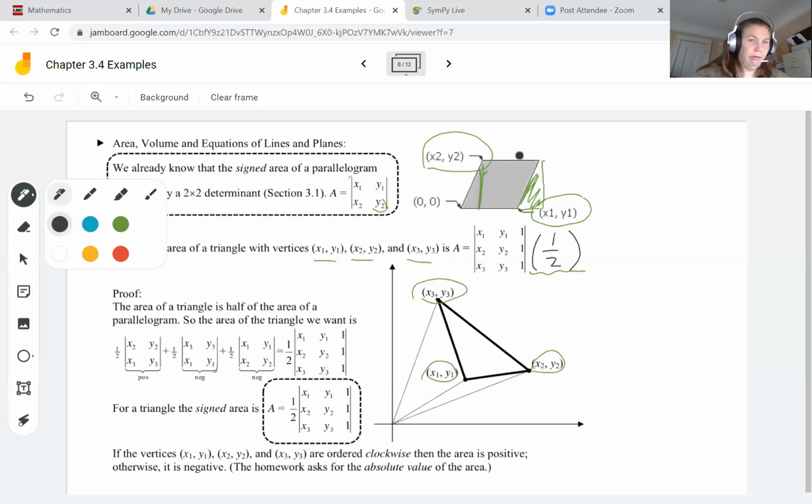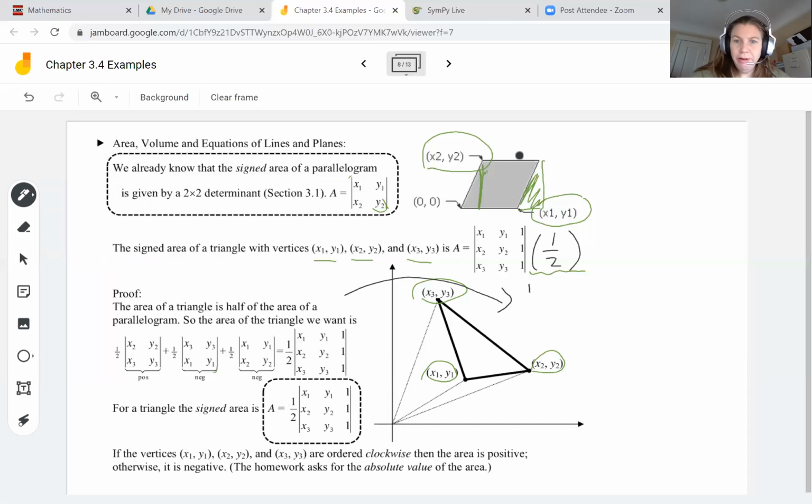If we think about what that expansion looks like, imagine how we would expand this out. We would have 1/2 here times x2, y3 minus x3, y2. And then we'd have plus x3, y1 minus x1, y3. And then we'd have plus x1, y2 minus x2, y1.